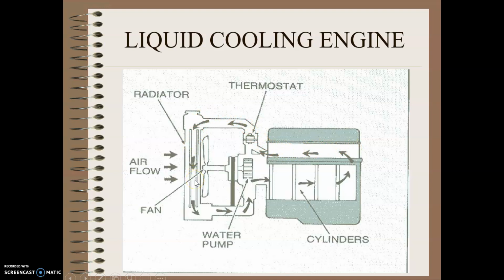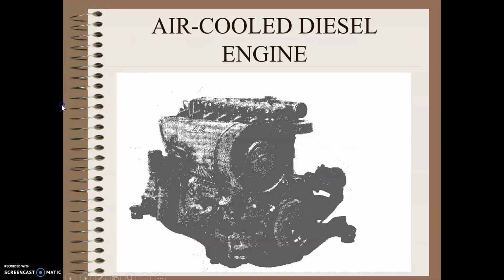And as that liquid rushes past those cylinders, it takes heat with it. It carries heat away and then takes that heat out to the radiator, where this fan basically helps to dissipate it. So that's how a liquid cooling system works. It pumps coolant through the engine basically to make sure that it's carrying heat away from that engine block.